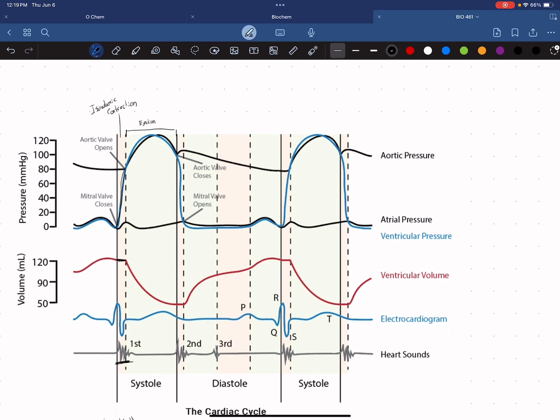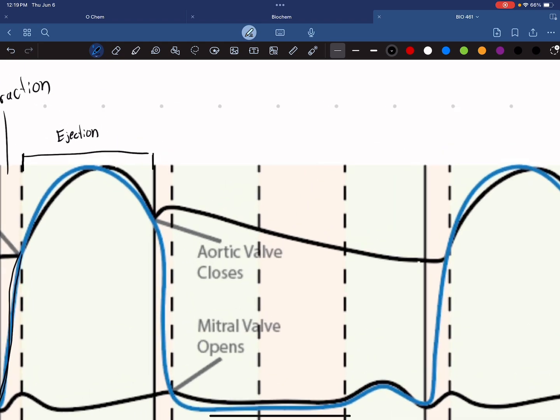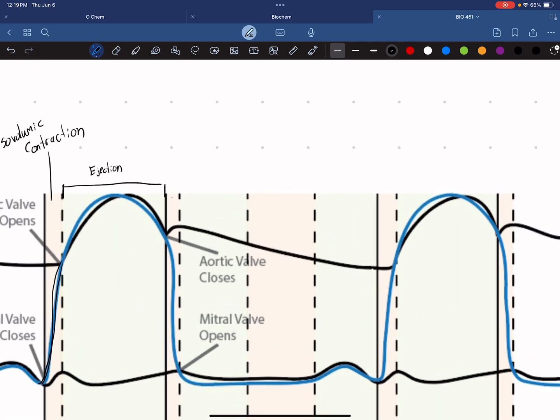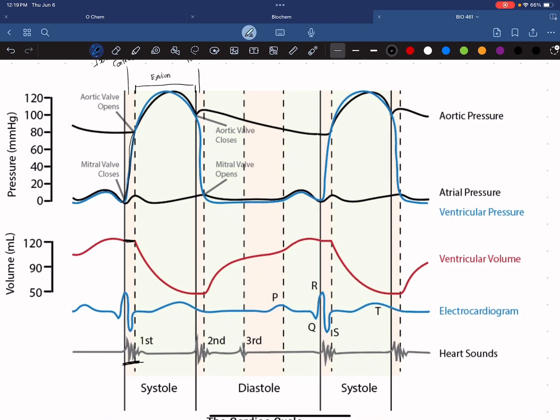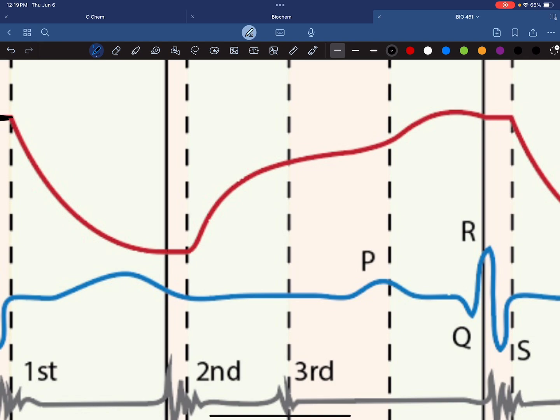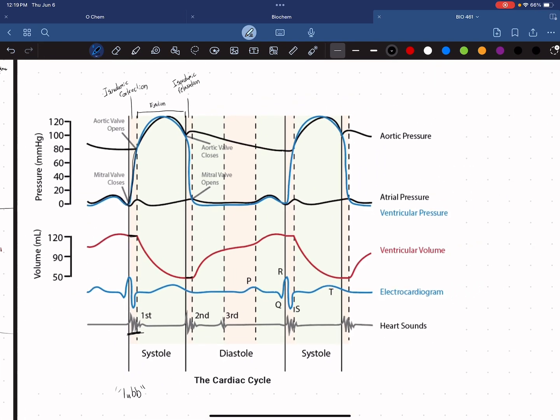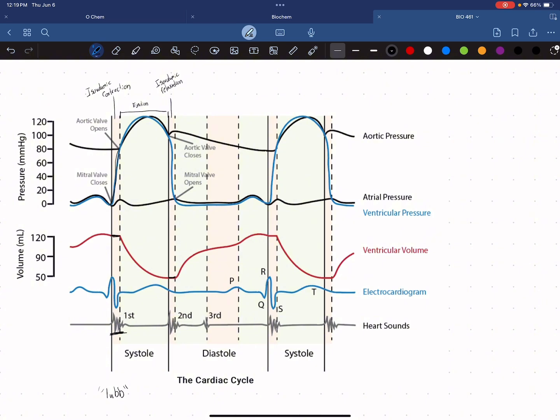At the very end, we have what we call isovolumic relaxation. Again, it is isovolumic because the ventricular volume does not change. The pressure of the ventricles will continue to go down because the blood has flown out of the ventricles into the aorta.